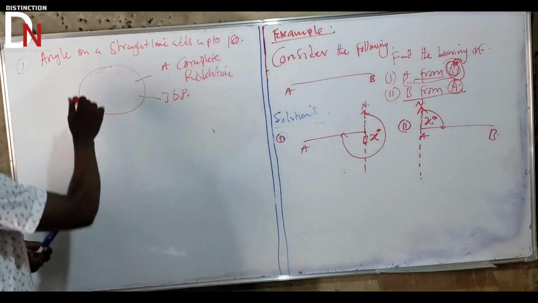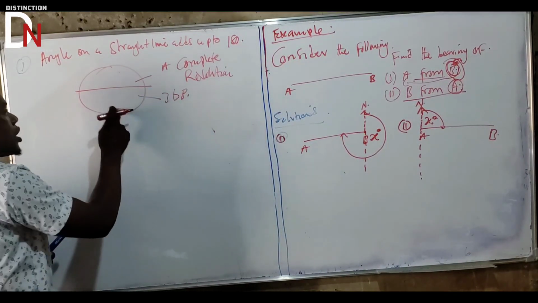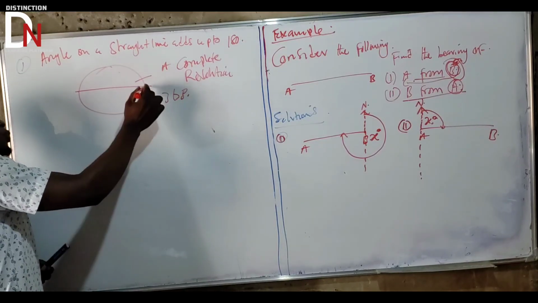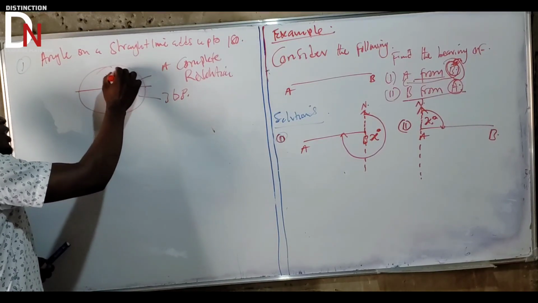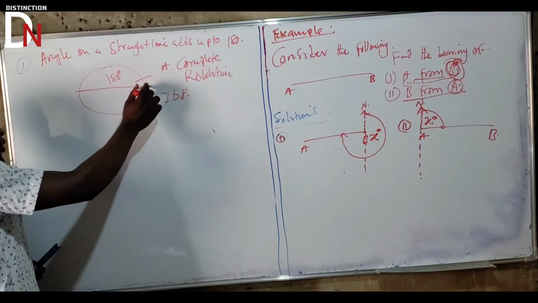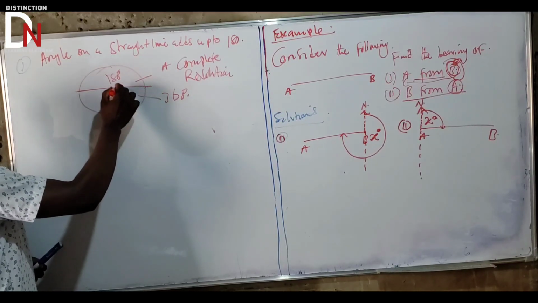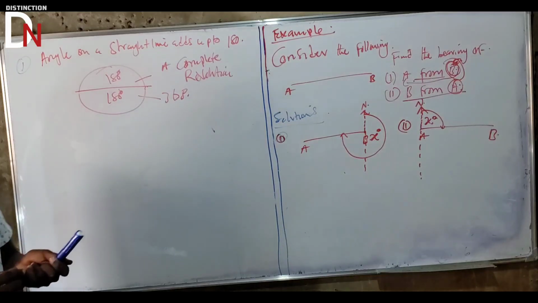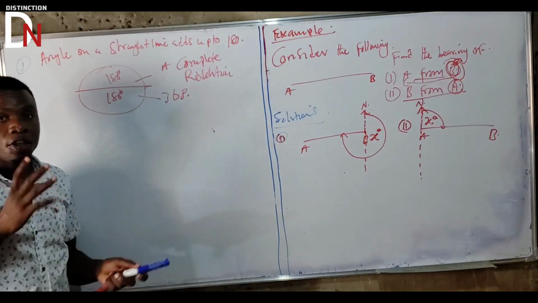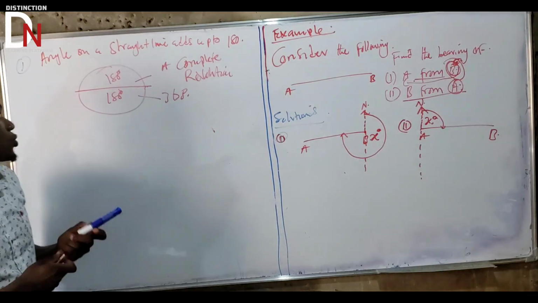If we cut this, we have two semicircles. From here up to here, this is 180, and from here up to this is also 180, such that if we add 180 plus 180, we will get 360. You're supposed to know that.